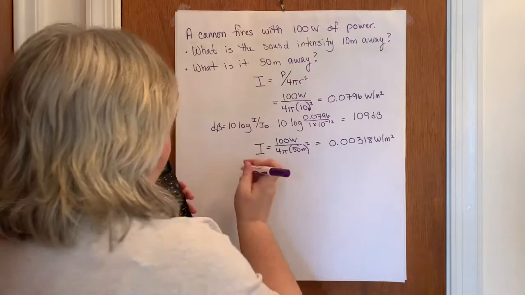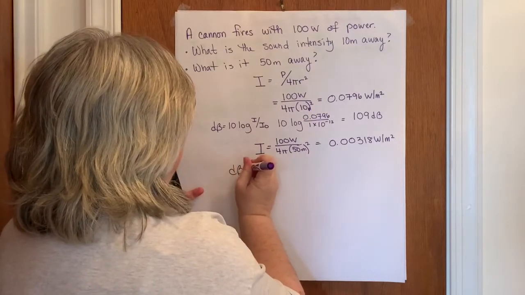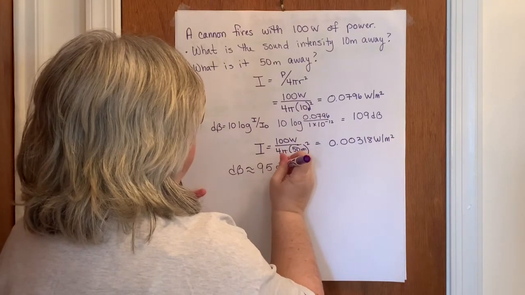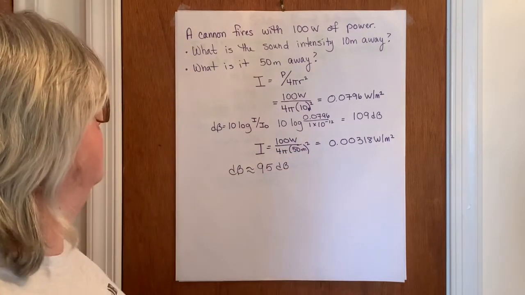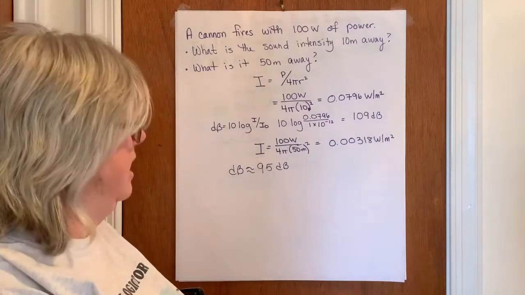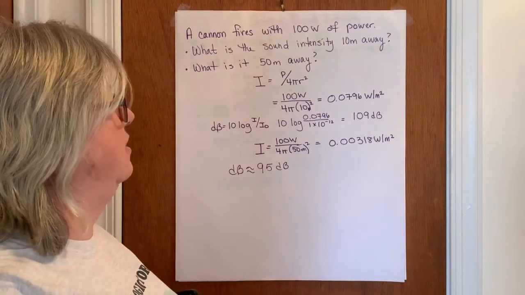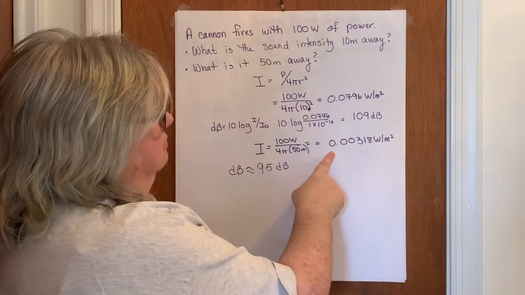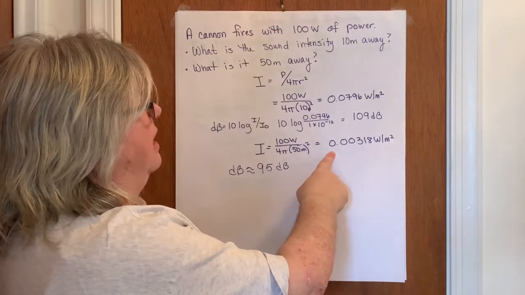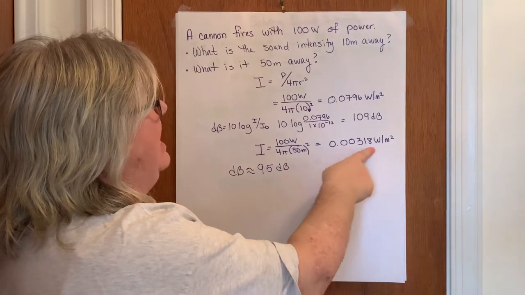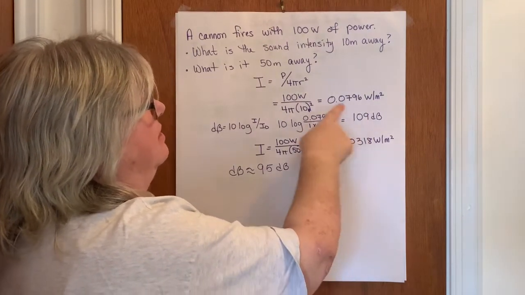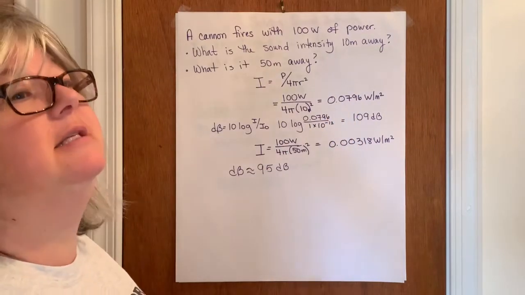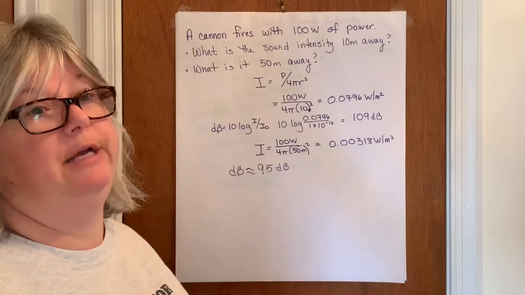So this is approximately 95 decibels. So just being 40 meters away dropped that sound down in intensity an awful lot. Here we're not even a 10th or a 20th of what we were close to the sound, showing that sound has an inverse square relationship.